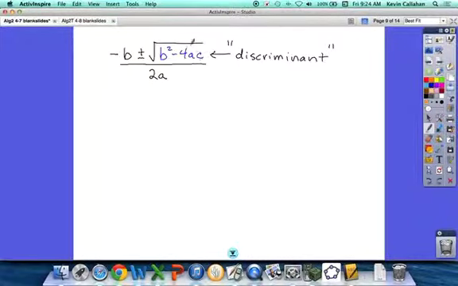If that number is greater than 0, you get 2 answers because you're adding or subtracting a real number from the first number. If that number is 0, you get 1 answer because you're adding and subtracting 0 from the first number. That expression right there, b squared minus 4ac, is called the discriminant. That's an important vocabulary word, discriminant. So knowing the value of the discriminant tells you how many solutions to expect.